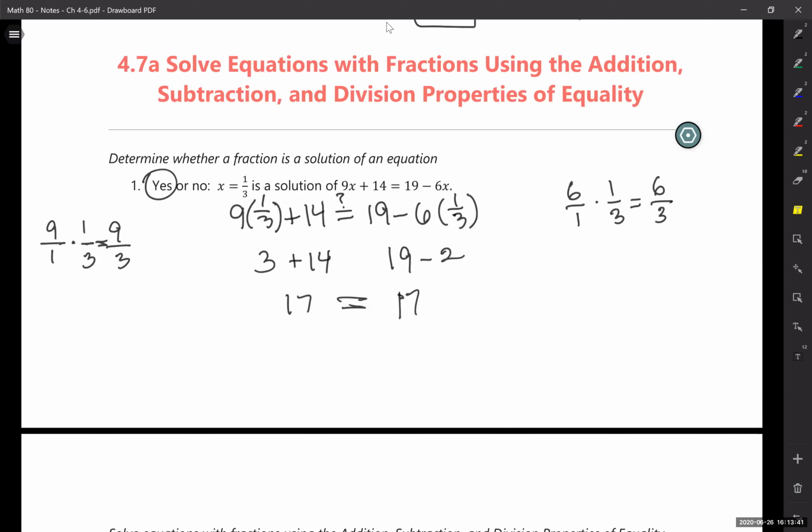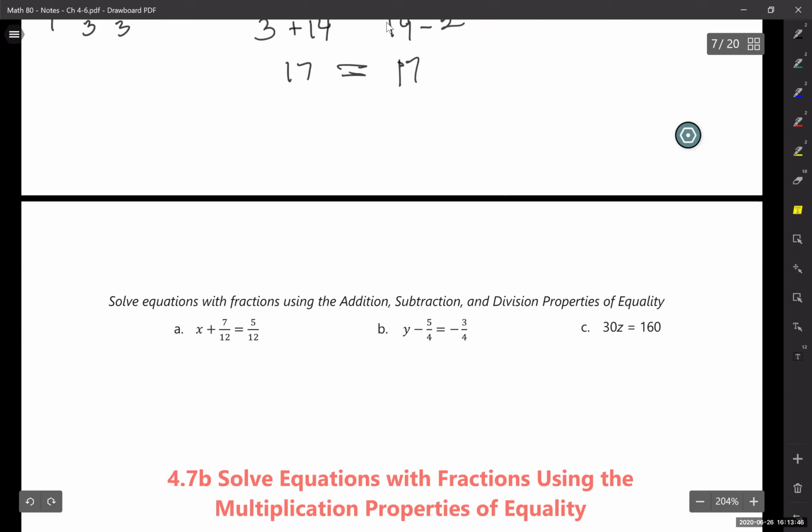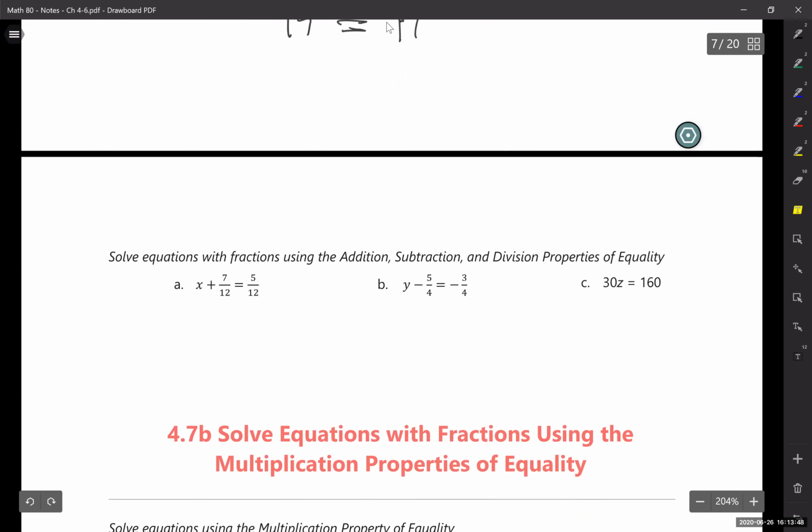All right, so now that we've figured out what a solution looks like, we are going to solve on our own. And so I just put one example of each method because we have done this before. The only difference is there are now fractions involved. So I'm going to subtract to get the 0 pair on the first problem.